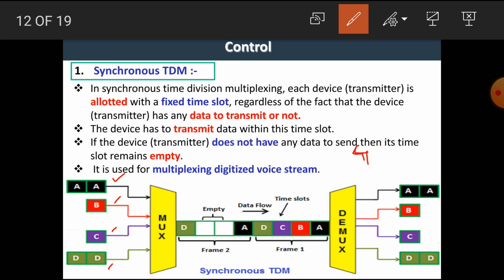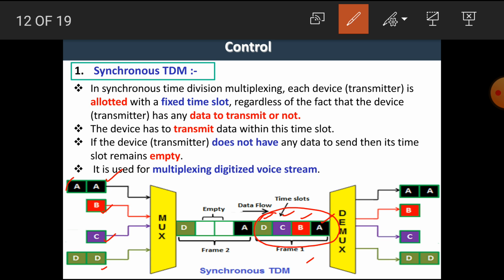Let's see once again. There are total 4 sources A, B, C, D, hence the frame is made up of 4 bits. That means if we consider the multiplexing technique, then first A is transmitted, then B, C and D are transmitted, and this is one frame of the TDM system.